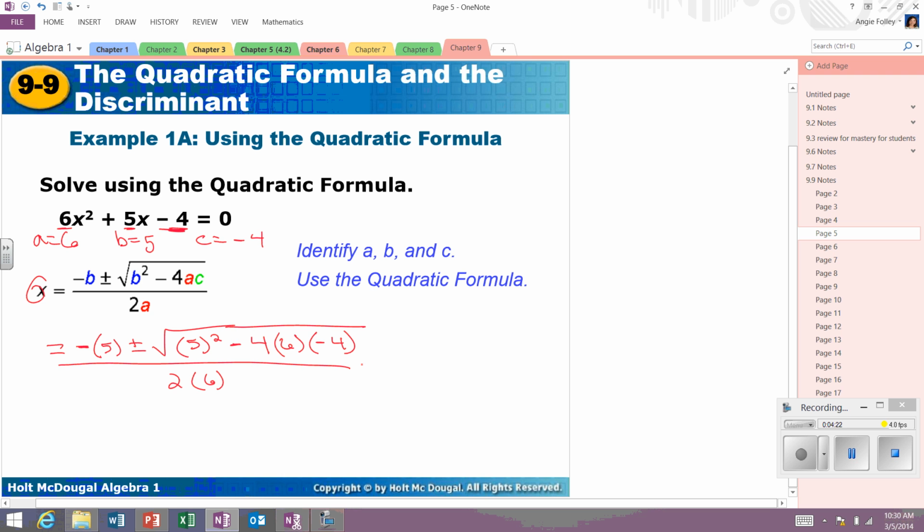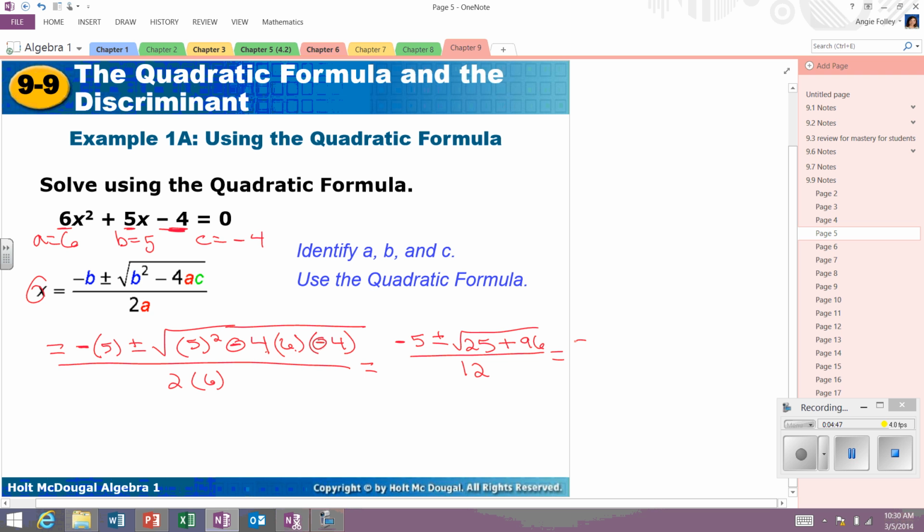I do this in lots of steps, so don't try to do this in one step. 5 squared is 25, and then I've got 4 times 6 times 4, but I've got a negative times a negative, so that's going to be plus 96, all over 2 times 6 is 12.